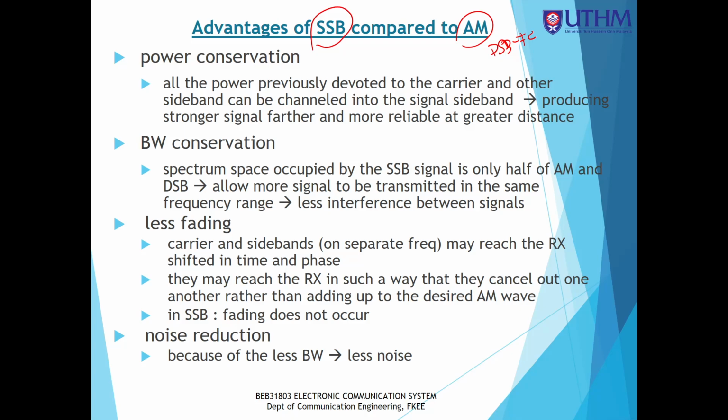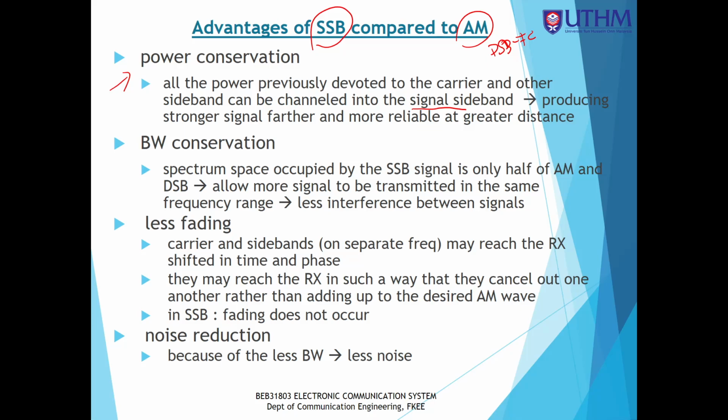The first one is power conservation. In single sideband, all the power previously devoted to the carrier and the other sideband can be channeled into the single sideband, producing a stronger signal, and more reliable at greater distance.